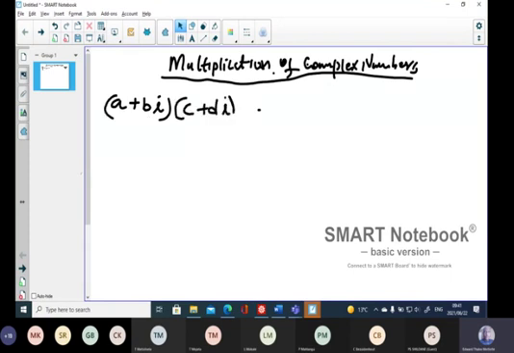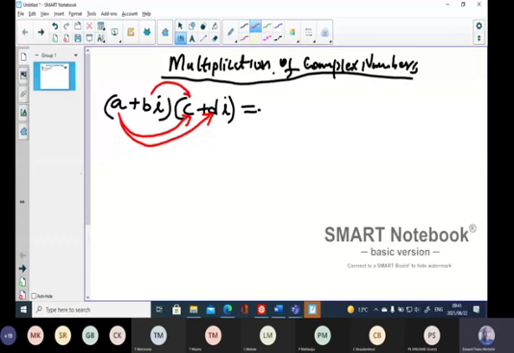So now this is how we multiply. You multiply A with C, A with Di, you multiply this term with that one, you multiply this one with that one. So you end up with AC plus ADi plus ADi.